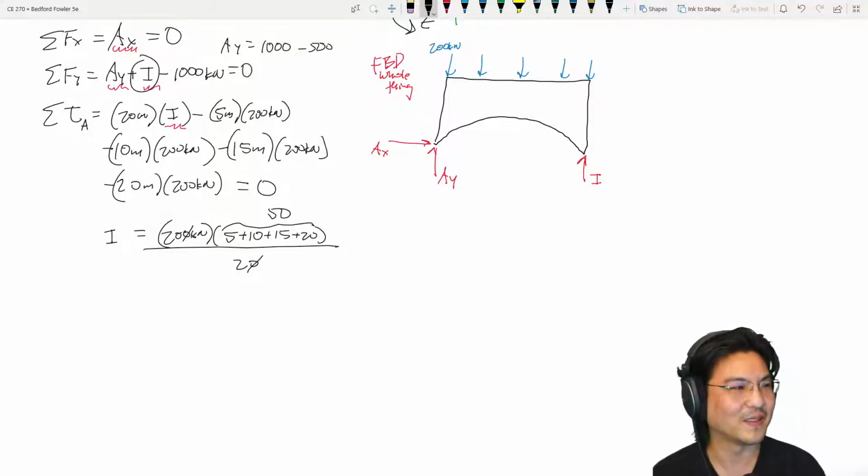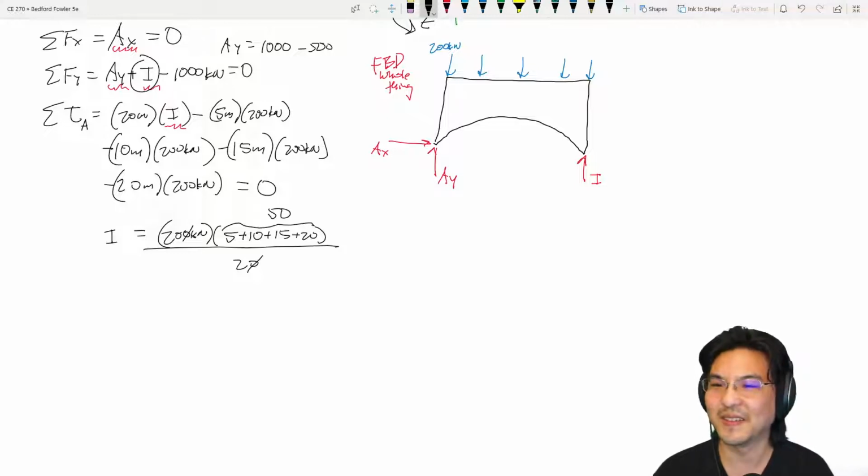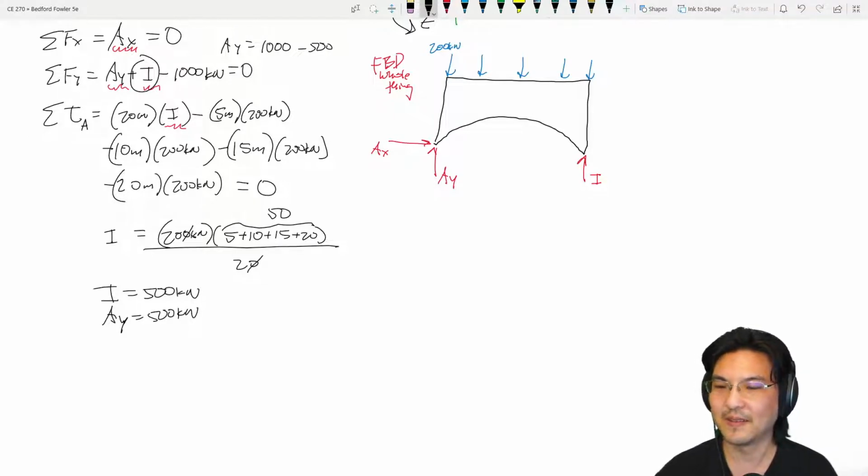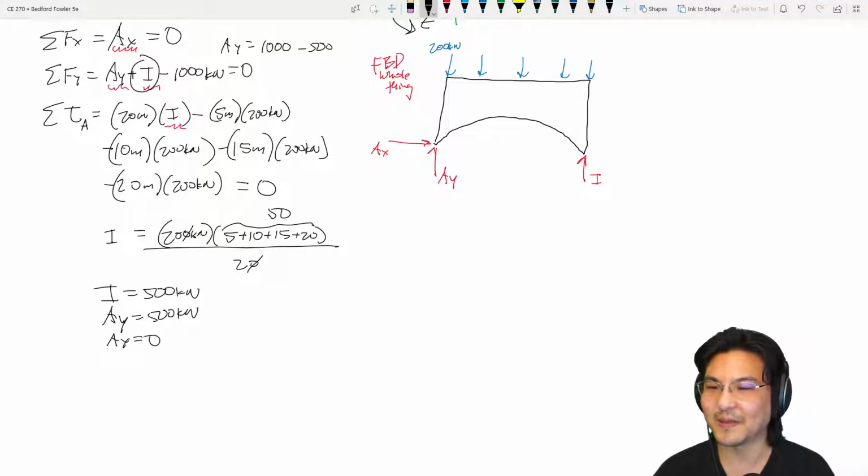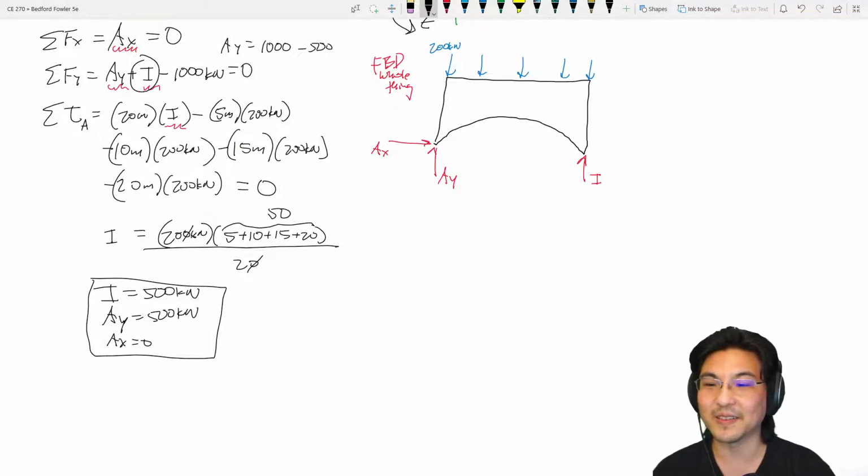I guess we didn't need a calculator after all. Okay, so I is 500 kilonewtons. AY is 500 kilonewtons. They're kind of messy. AX is 0. Okay, so I got the 3 reactions.